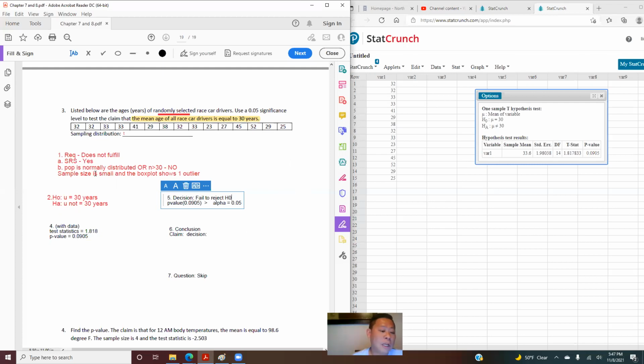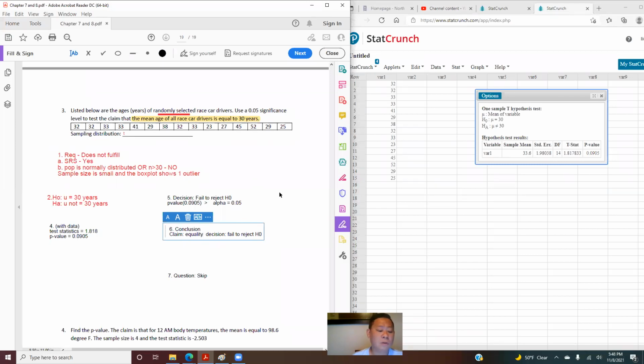So now, reading the claim statement for the conclusion here, does the claim statement have equality or no equality? There is equality. Yep, the claim statement has equality because the word equal is used. And the decision you found in number 5 is fail to reject.